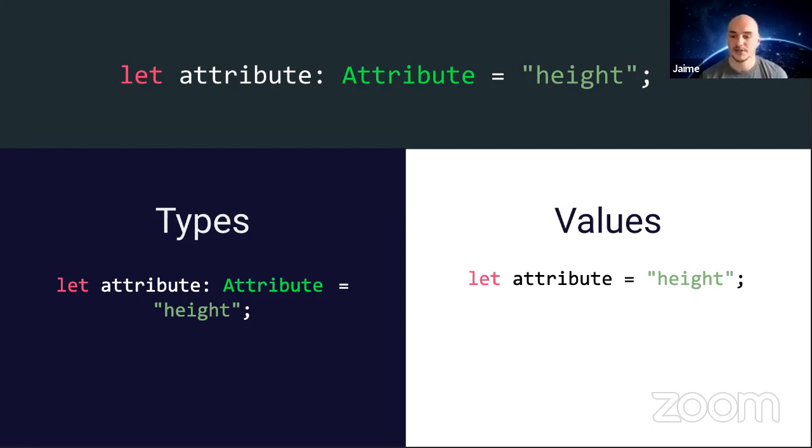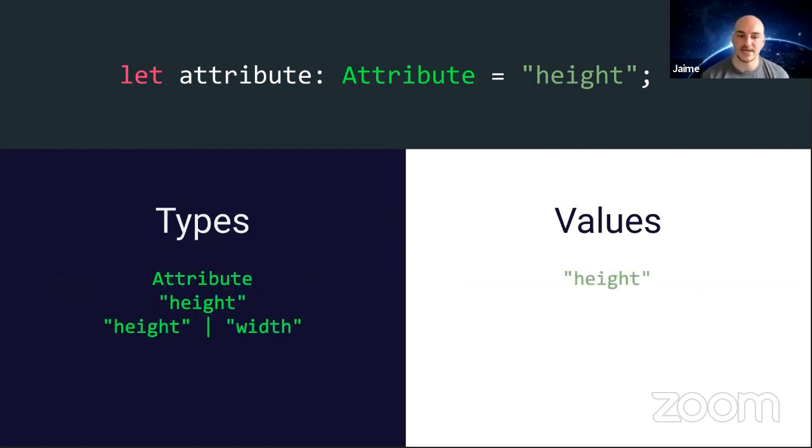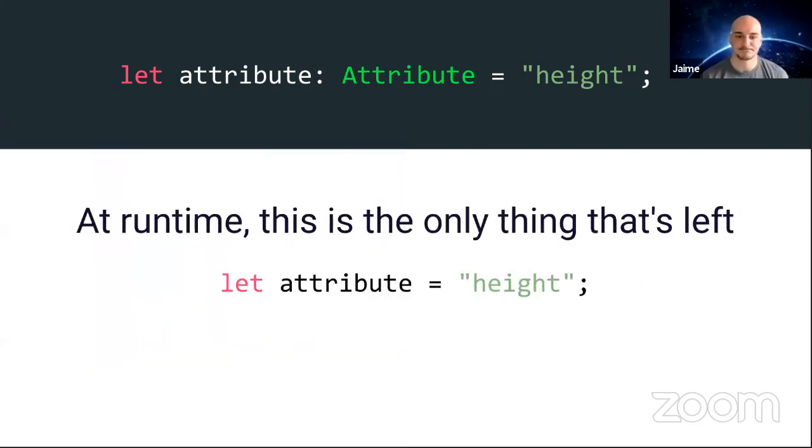But when the TypeScript compiler builds your code, this is what will happen as a result. So in the world of types, we have the type attribute, we have the literal type height, we have the union type height and width. And in the world of values, we only have a string, the height string. At runtime, this is the only thing that is left.